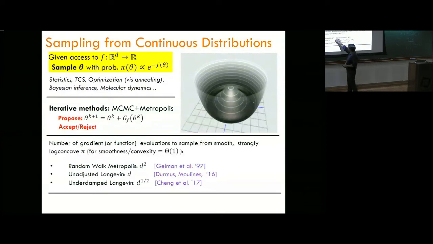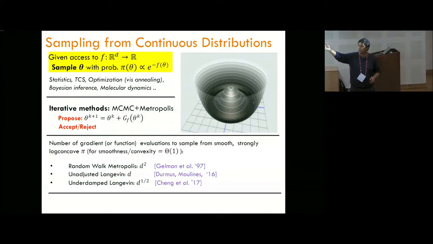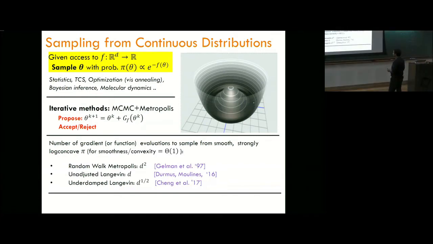It has a very, very long history, some beautiful work, but this is the limit of these methods, root D. I'm just focusing on the dependence on D. The condition number and other things also play a role, so the landscape is a bit more complicated.